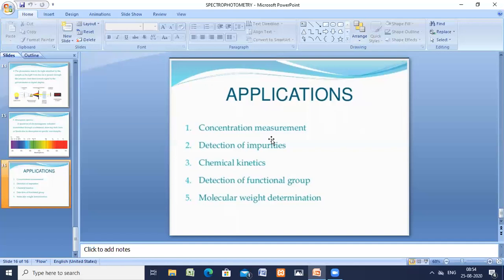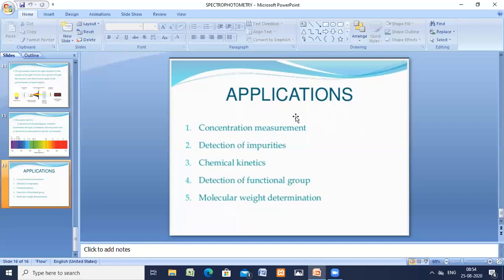Periodate oxidizes MnSO4 quantitatively to KMnO4. The oxidized solution is made up to the mark and the absorbance of the color is measured at 545 nanometers. A calibration curve is constructed using the standard KMnO4 solution.